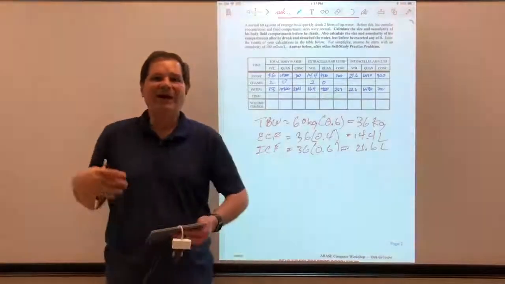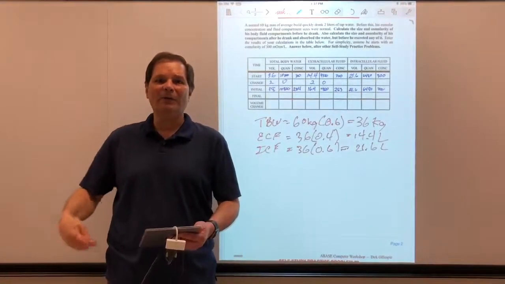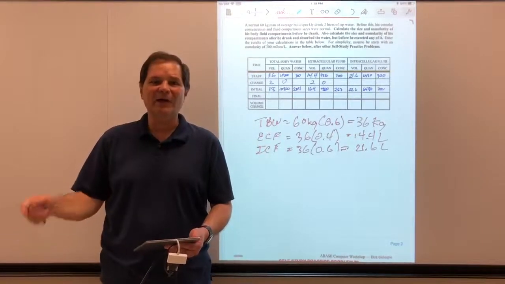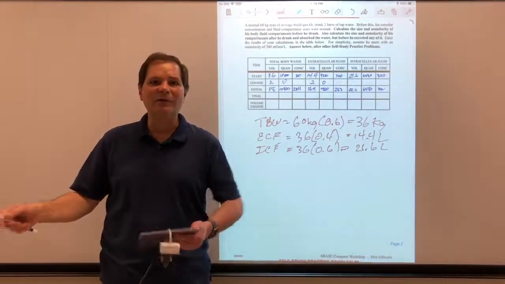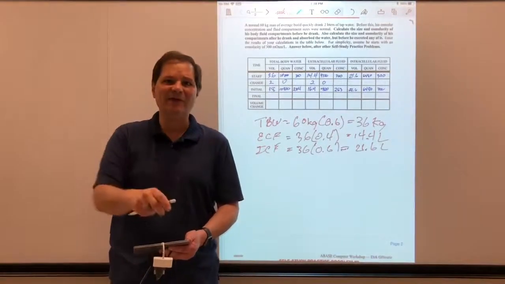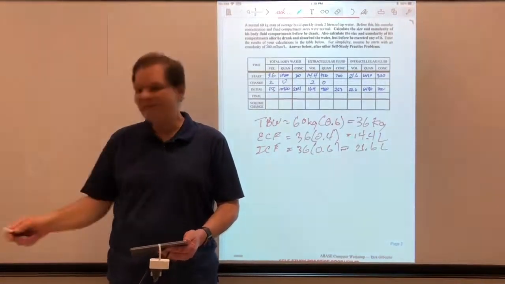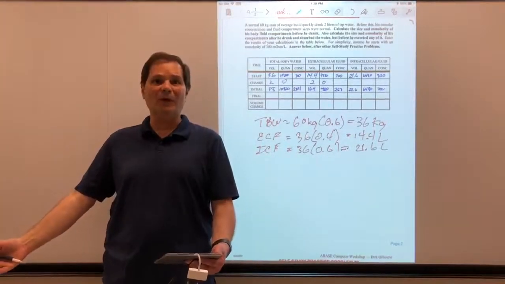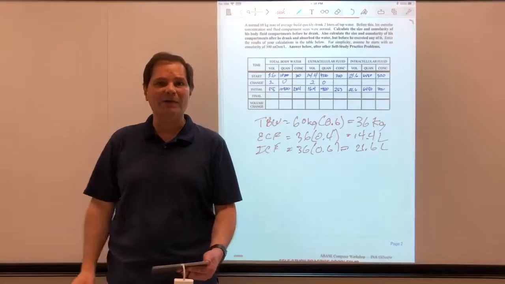You can't have an osmolarity of total body water that's one value and then have individual compartments that are different values. They're going to all be the same value because they'll be the same osmolarity inside the cells and outside the cells. And if it's the same inside the cells and outside the cells, it has to be the same in the total body water because that's what the total body water is.